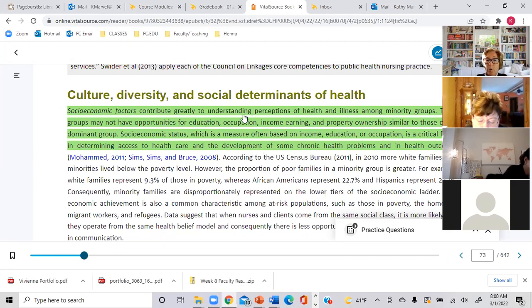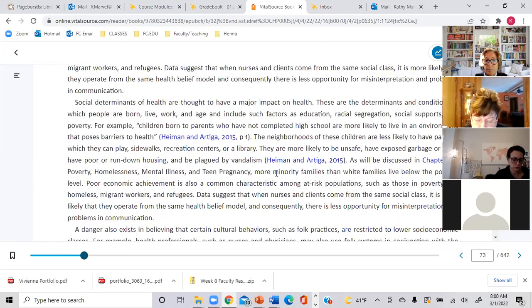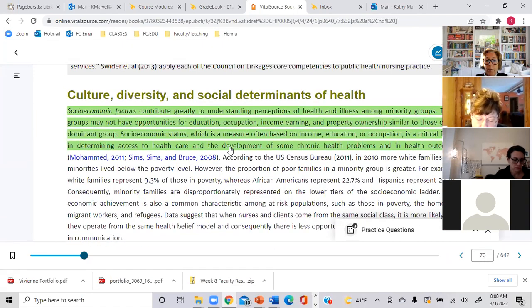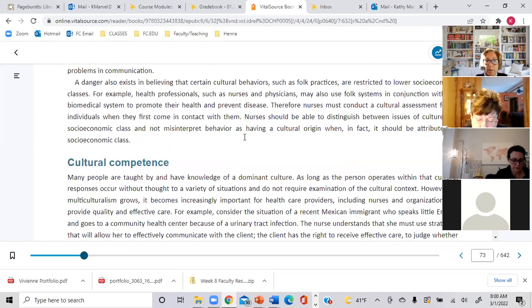So this is a pretty powerful statement of how socioeconomic factors contribute to the perceptions of health. And if you want to read further on that, it has more detail in here.